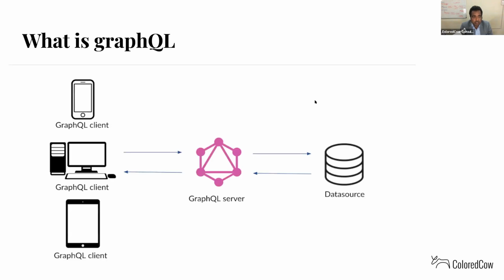So the first thing is what is GraphQL. I think you all know what the REST API is. REST APIs have multiple endpoints where you make a call and it authenticates you and gives you the data based on the function written, the resolver written for that API endpoint, right?